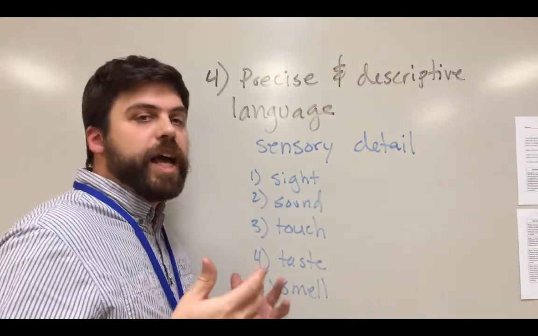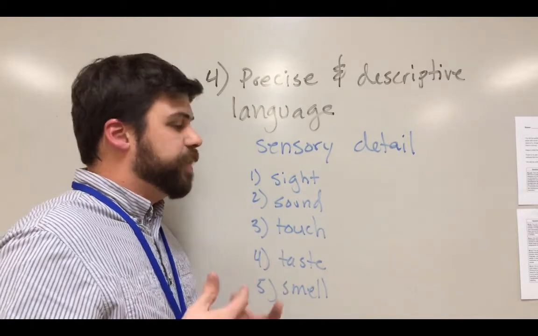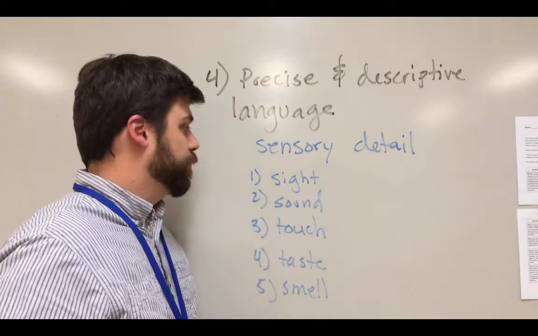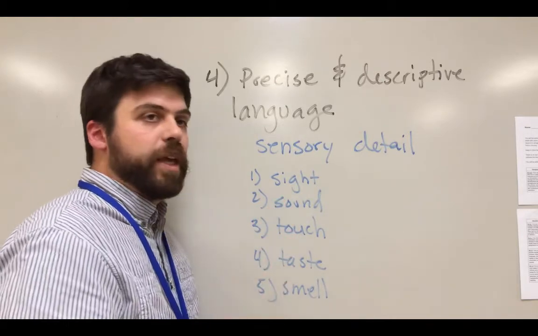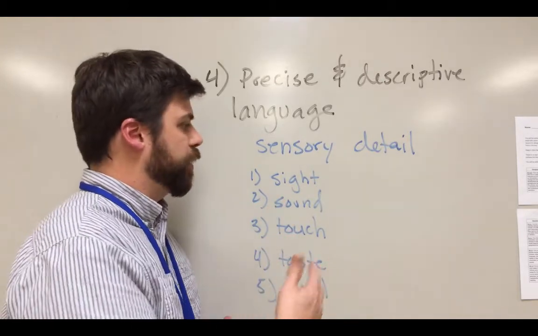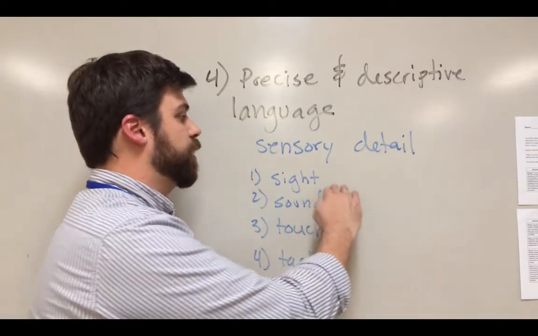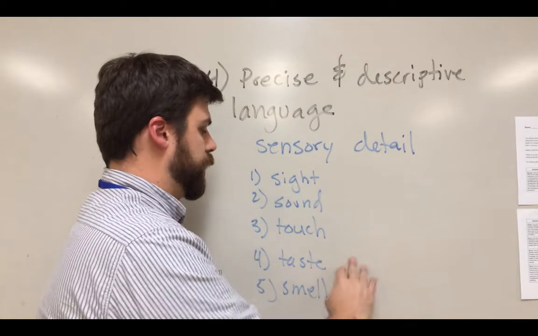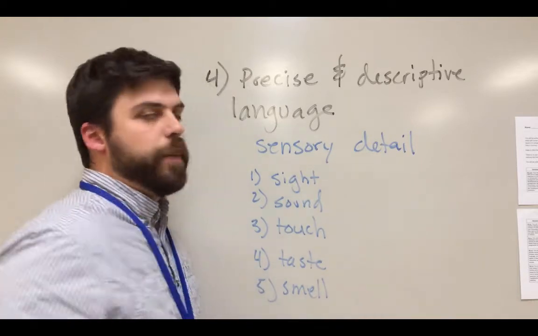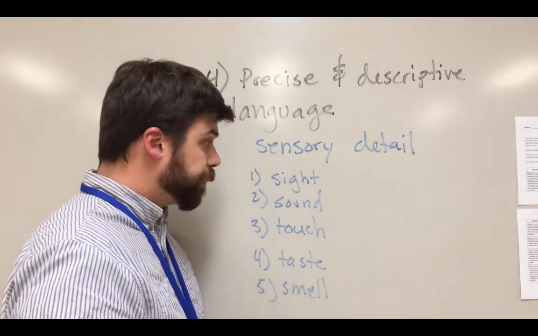That's details that describe the 5 senses that are happening in a scene. So sight, sound, touch, taste, and smell. If you can describe how those things are involved in a scene, like how something looks, how something sounds, the feel of something, the taste of something, the smell of something, automatically it becomes much more descriptive.